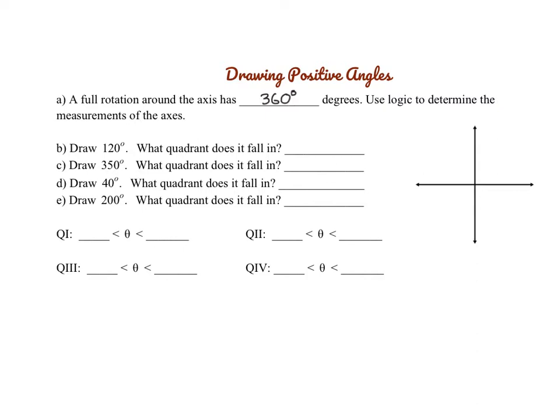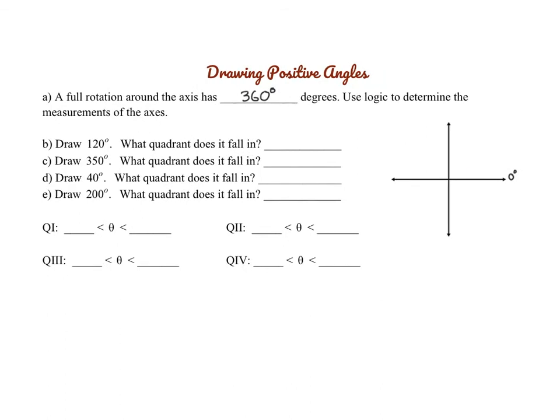Our initial side is always going to be that positive x-axis, so that's 0 degrees. And if we do a full rotation all the way around and we get back to here, we could also call that 360 degrees. So it's an example of two coterminal angles. They're in the same spot, but they have two different measurements. So again, a full rotation is 360.